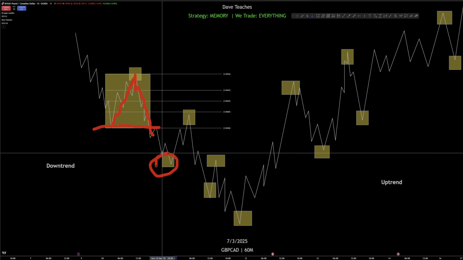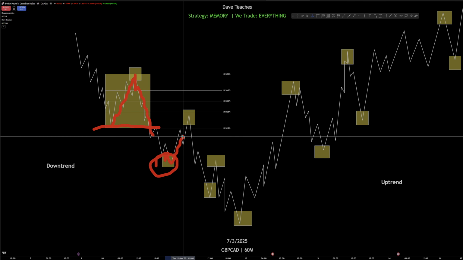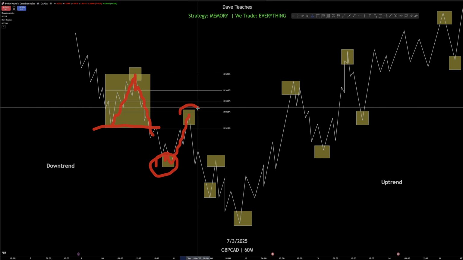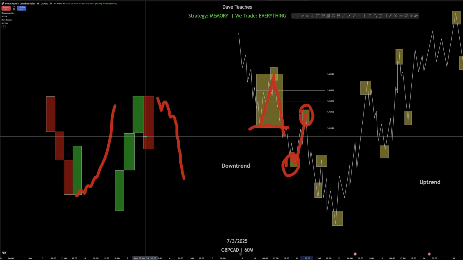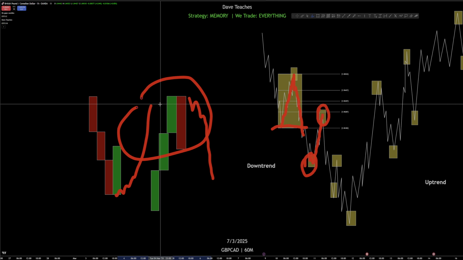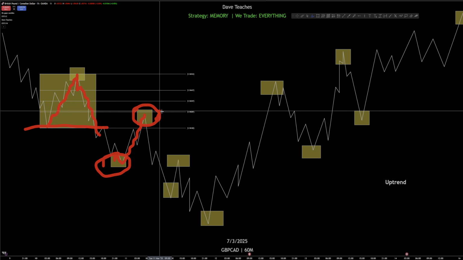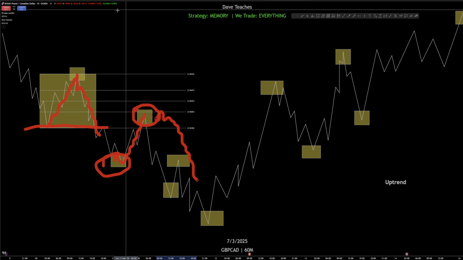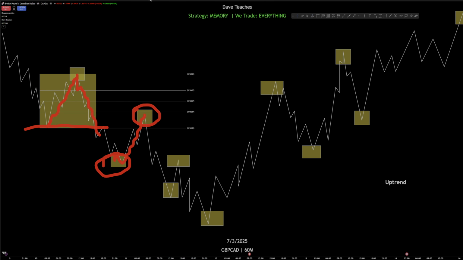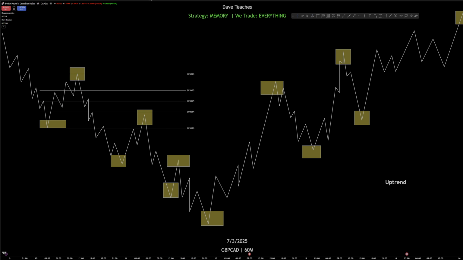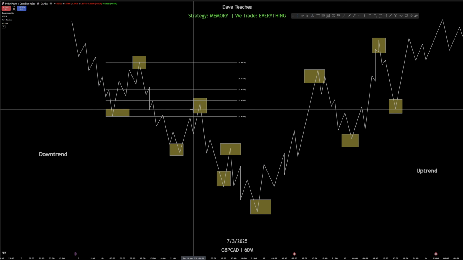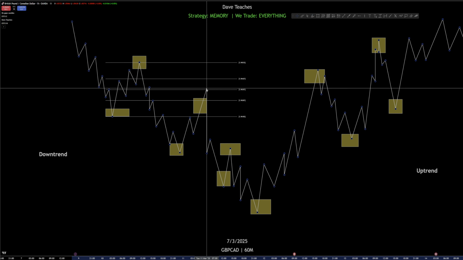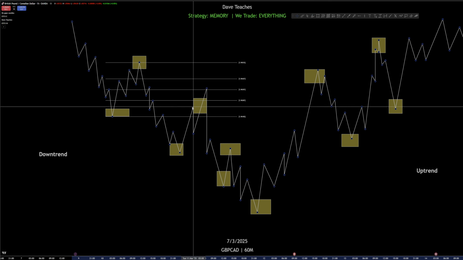And what we're looking for is price to trade back into that previous range. And here is where we look for this in order to say, okay, now we're looking for price to trade lower. But what actually happens inside of there is that you end up getting something like this.